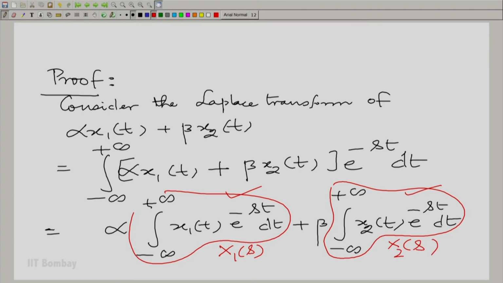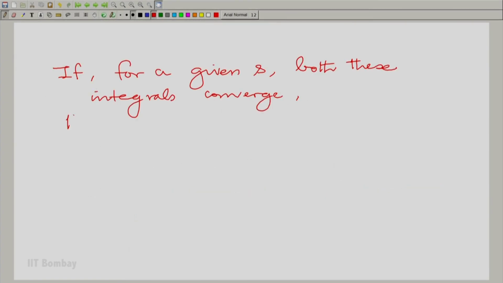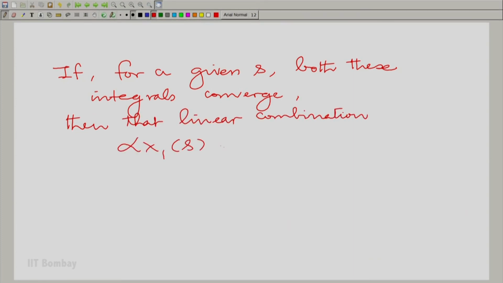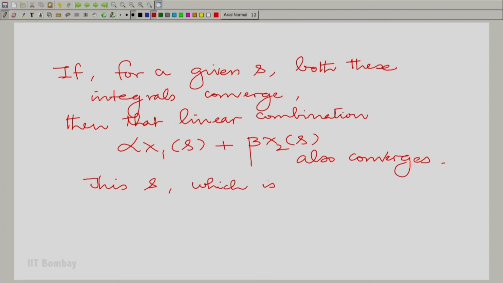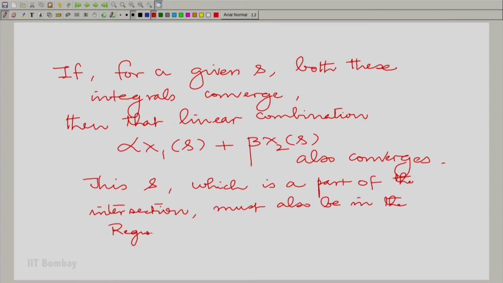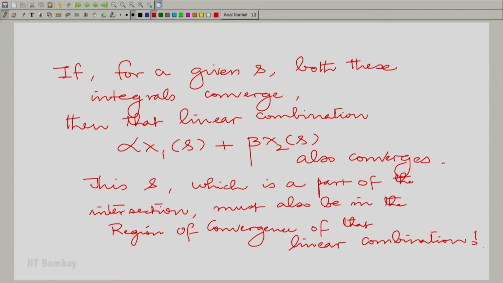If for a particular s, both of these integrals converge, then the sum or that linear combination also converges. And therefore, this s, which is included in the intersection, must also be in the region of convergence of that linear combination. So, this proves what we wanted to prove, that at least the intersection is included, if not more.